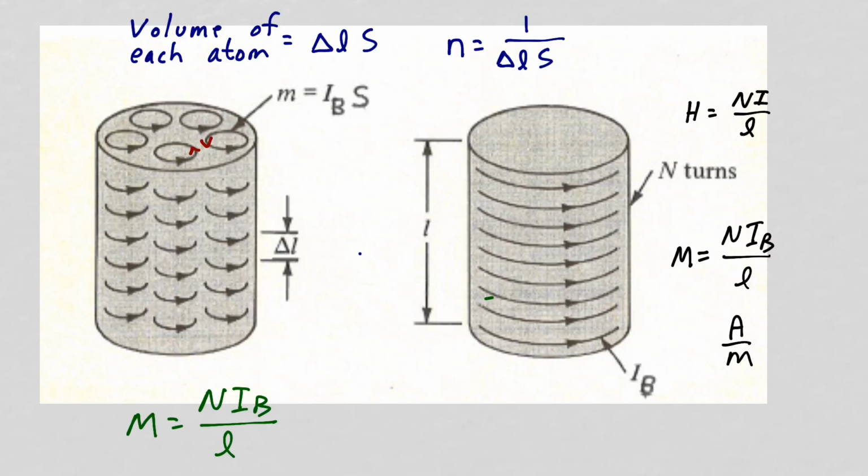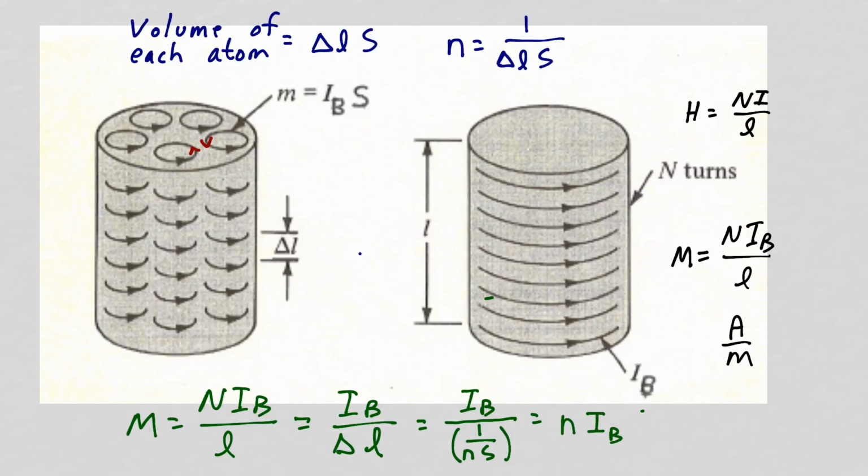And delta L can be replaced with 1 over n times S. So we can rewrite the magnetization as n times our bound current times S. I_B times S is just the value of the magnetic dipole moment of each atom. So the magnitude of the magnetization is just n times m, the atomic density times the magnetic dipole moment of each atom.